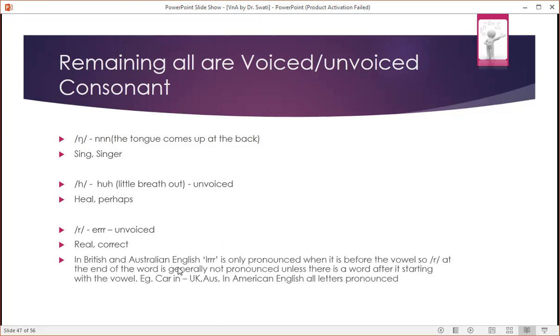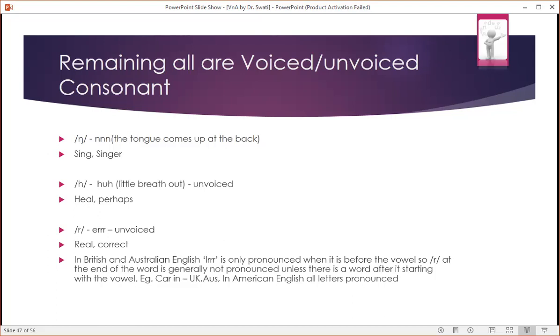Now if we talk about British or Australian English, this R symbol is only pronounced when it is before a vowel. The R sound at the end of a word is generally not pronounced in British and Australian English.